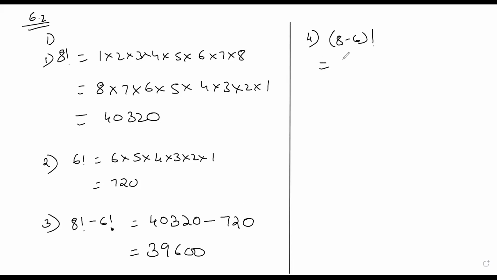So this will become 2 factorial. 2 factorial is 2 into 1, that is 2. See, 8 factorial minus 6 factorial means 40,320 minus 720. तो ये अलग है. और ये (8 minus 6) factorial, मतलब पहले subtract होगा और फिर factorial लगेगा, तो इसकी value अलग आती है.